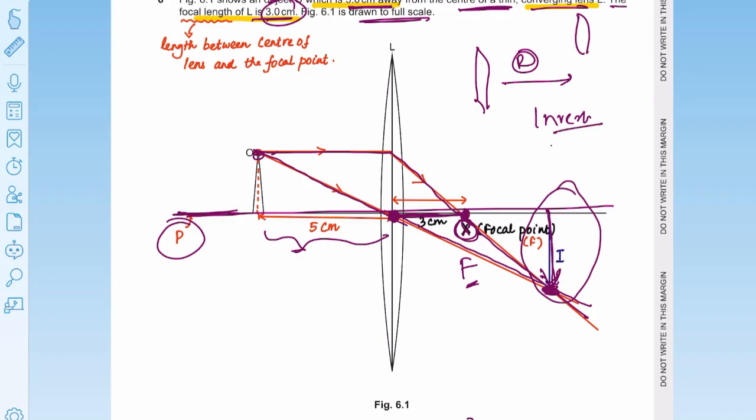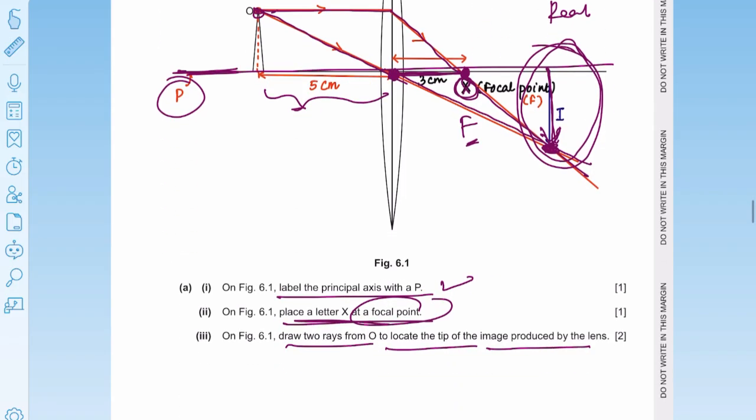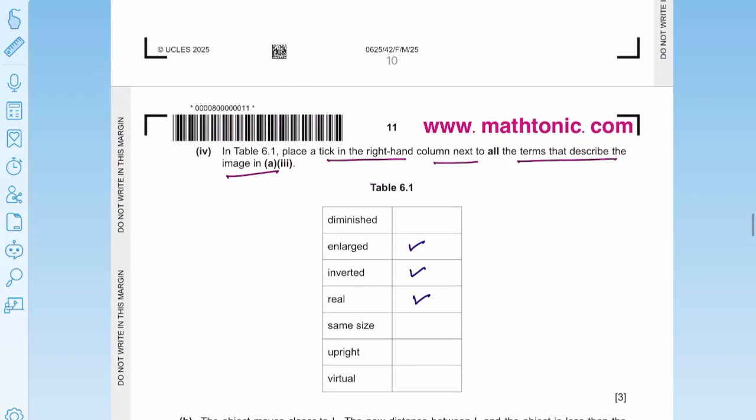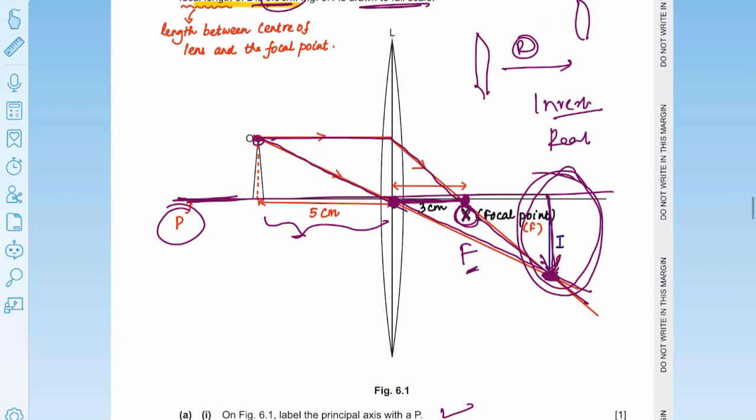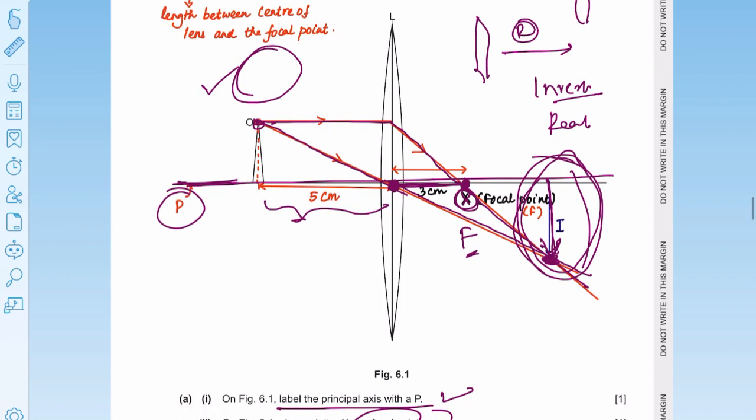Got it? And this will be a real image, and you can see this is enlarged as well. So this is enlarged, inverted, and real. If the image had been created on the left hand side, it would be a virtual image. If the image is created on the right hand side, it will be inverted, and obviously real as well.